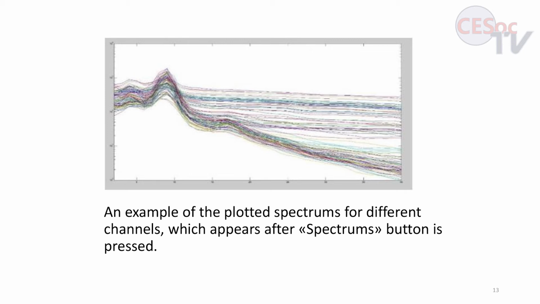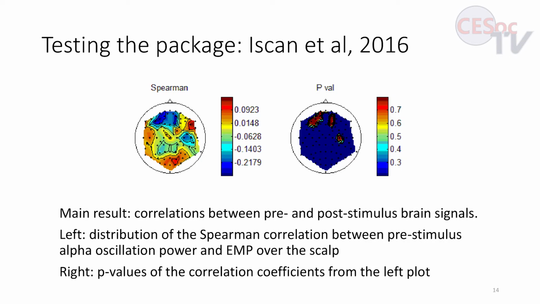So here is the viewing tool. This is the viewing spectra. So here you can see nicely which is the dominant frequency in the data, like looking at this bump. And we tested this package with data from Iskan et al.